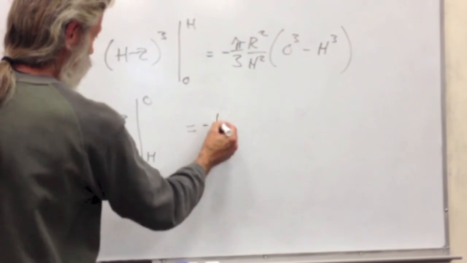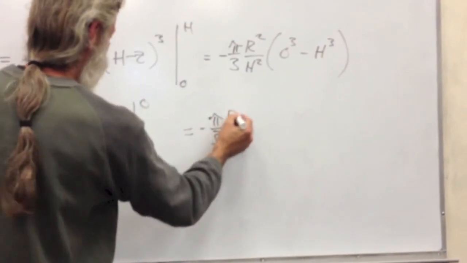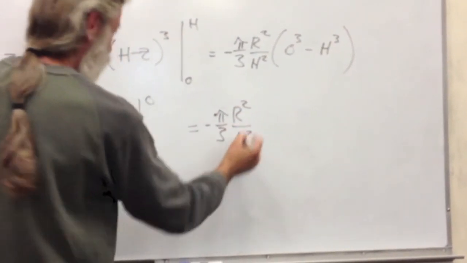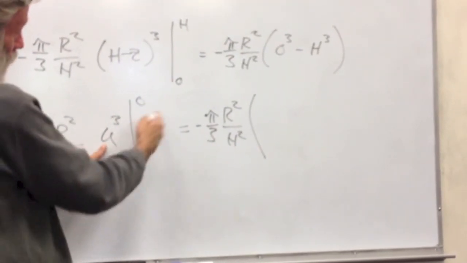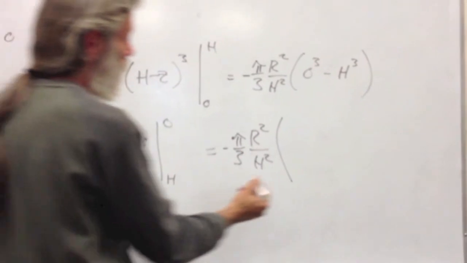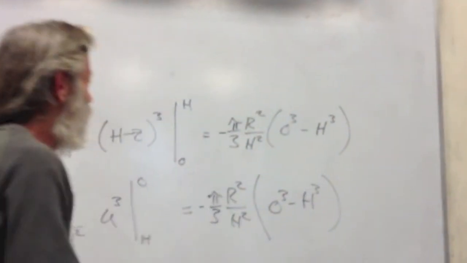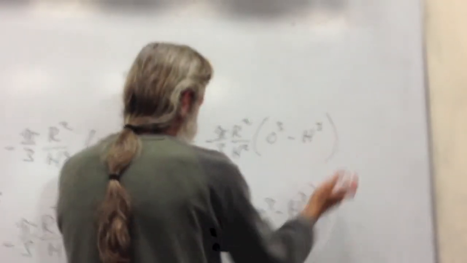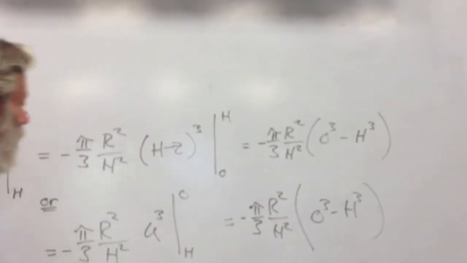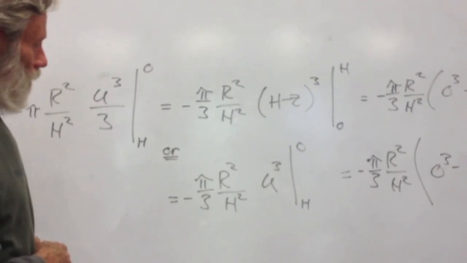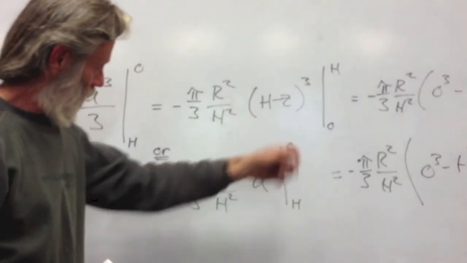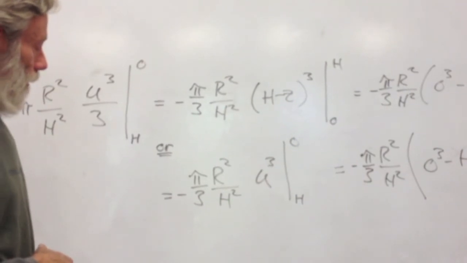You have this minus pi over 3 r squared over h squared, and when you put in 0, you get 0 cubed. When you put in h, you get h cubed. So obviously these things are the same. And so you do one or the other. You either go back to z and substitute, or be happy with your new limits and keep it in u.